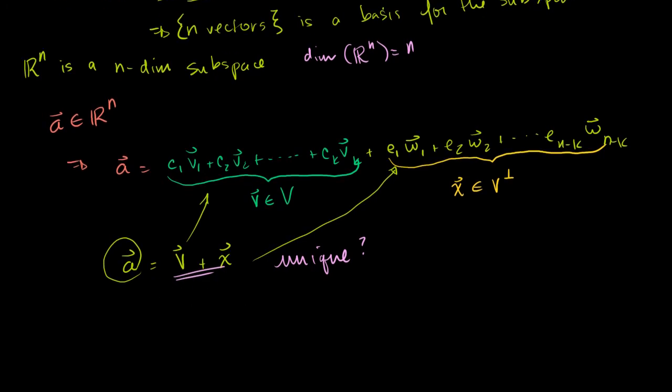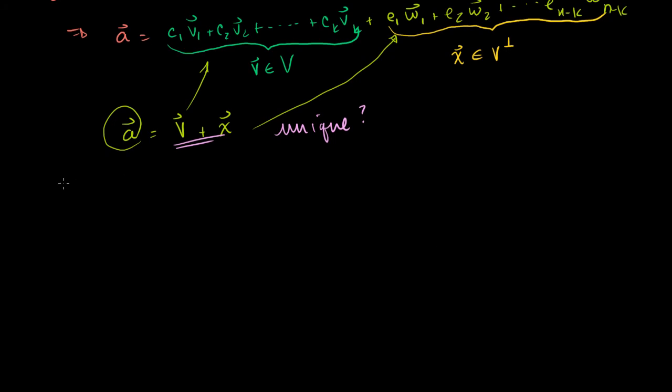Well, let's test it out by assuming it's not unique. So that means that for some vector A that is a member of Rn, I could represent it two ways.